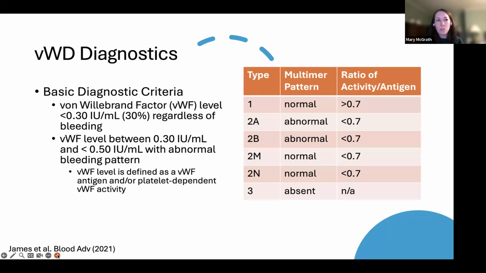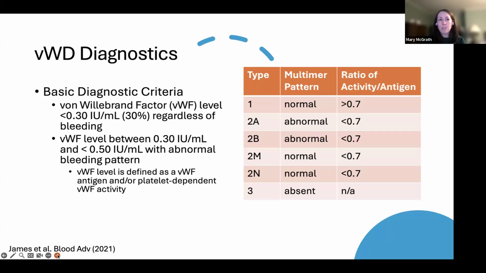And for individuals with levels between 30 to 50%, if they're also exhibiting abnormal bleeding, then they also should be given a diagnosis. They also pointed out that if within your lab the lower limit of the normal range for your von Willebrand factor assays is less than 50%, then you don't need to use any ABO-specific reference ranges.